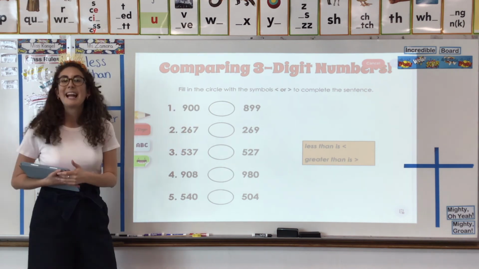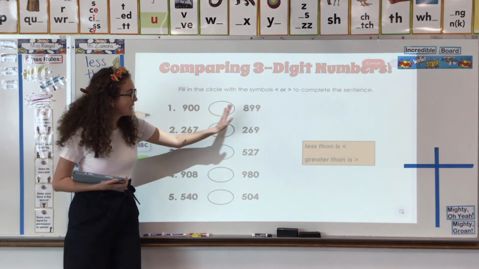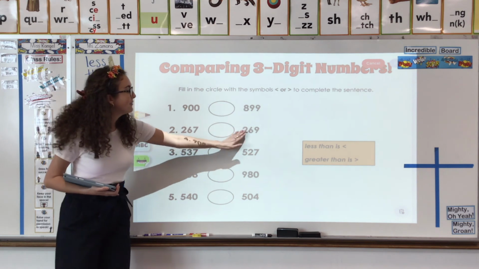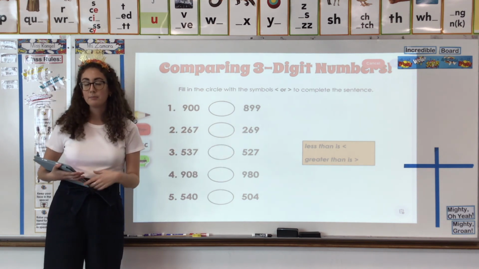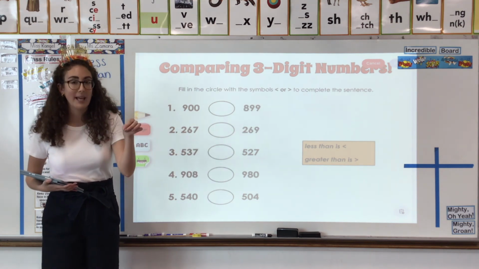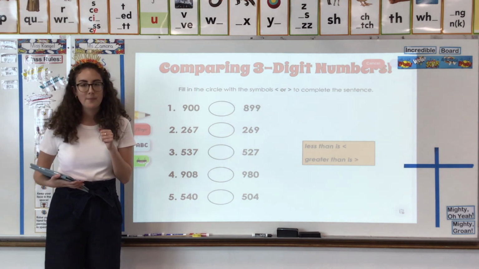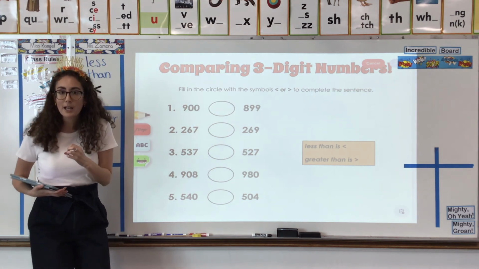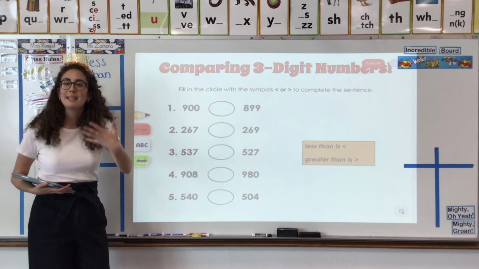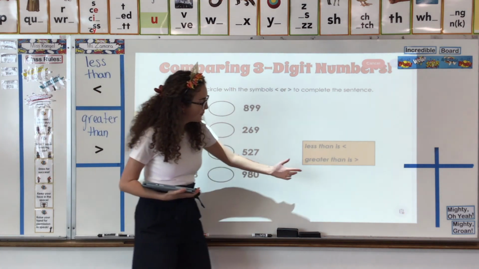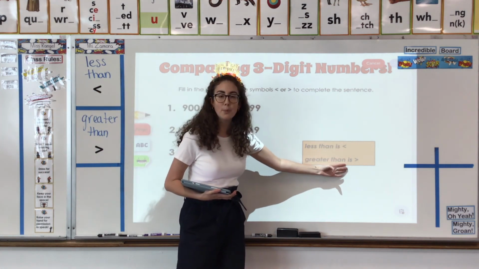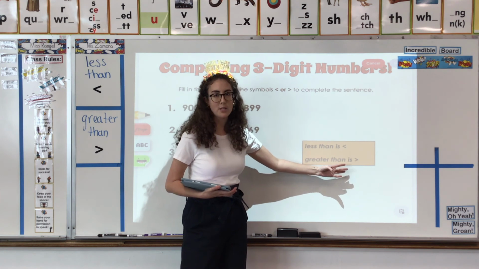This requires you to look really carefully at the value of each number, which depends on the place of its digits. And then also paying close attention to less than or greater than and what symbol represents that language.